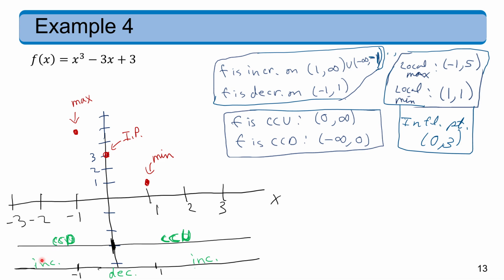So I know I'm increasing on this left piece until I get here, and it needs to be concave down as it's increasing. And that's natural. If you're going to make this a max, it kind of has to be concave down. Now when I pass this max, it switches to decreasing, but the concavity stays down.